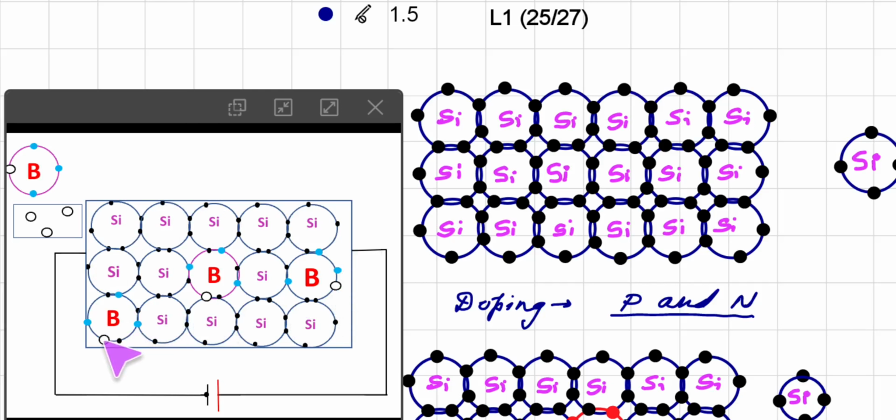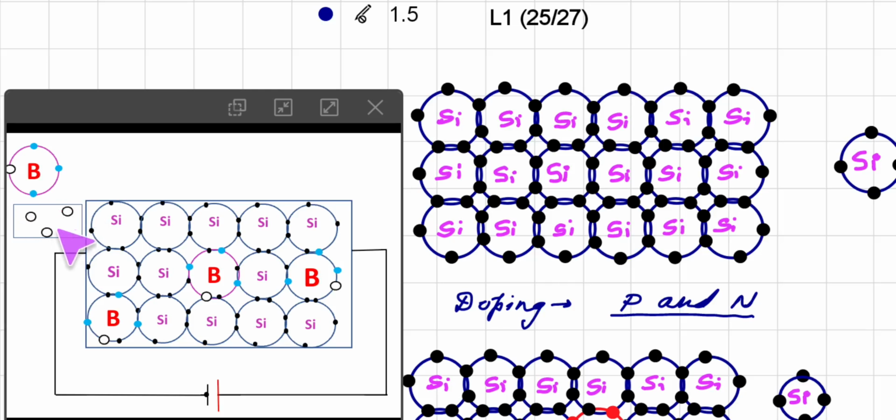So these 3 holes can take part in conduction of electrical current, and in this bar we have holes as shown here, and as holes are treated as positive charge, this is called a p-type material. So when trivalent impurity is added to a pure semiconductor, it becomes p-type material. That is one important thing.